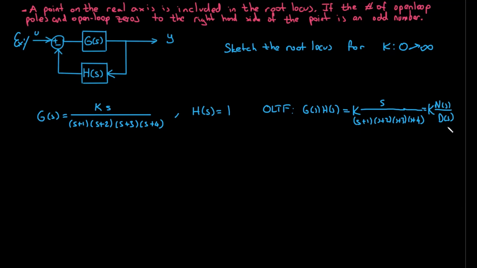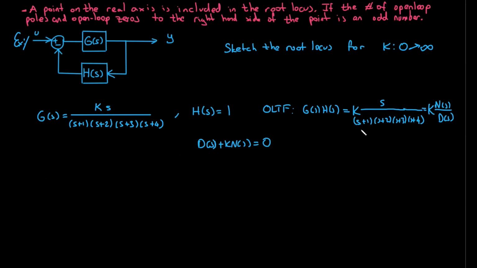And what I'm interested in is the closed loop transfer function. If you compute it, the denominator is going to be D(s) + K N(s) = 0. I'm interested in the closed loop poles, which are given by the roots of this equation.